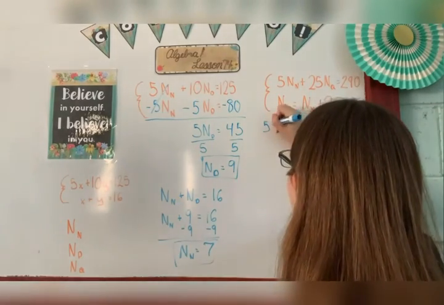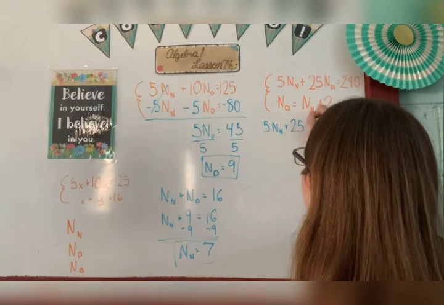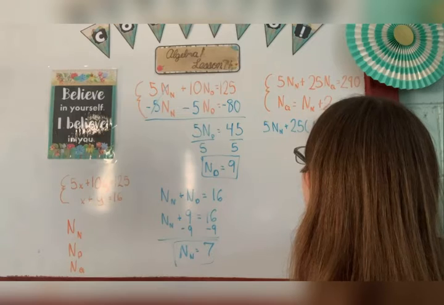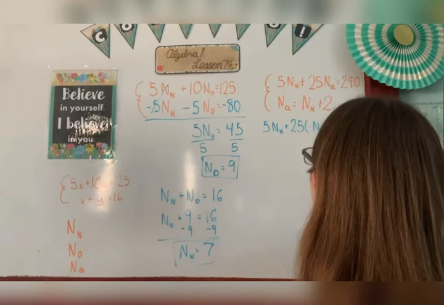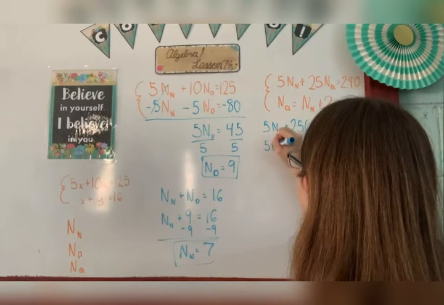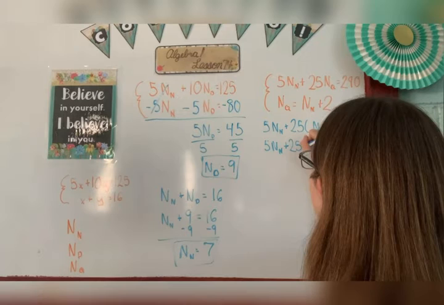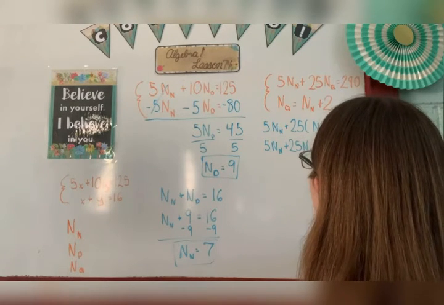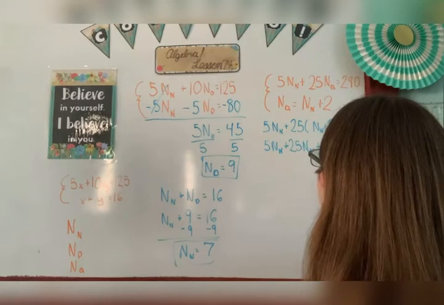So I have 5n_n plus 25 times n_n plus 2 equals 290. I'll multiply so I can simplify. 5n_n plus 25n_n plus 25 times 2 is 50 equals 290.